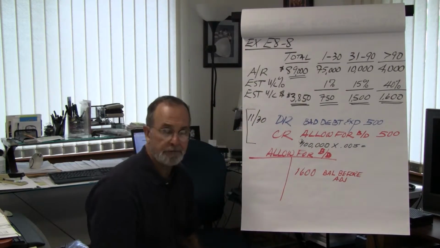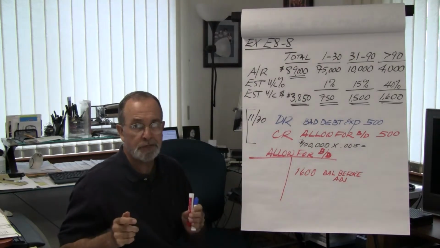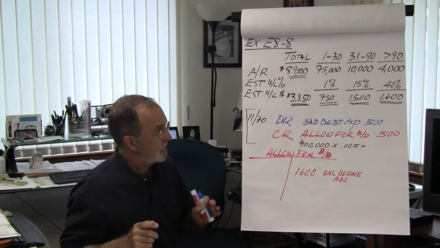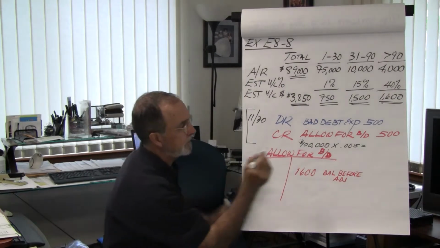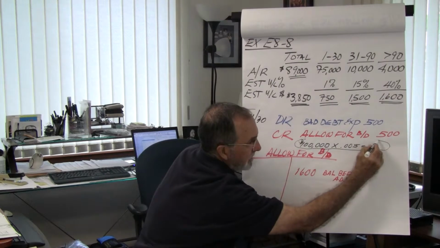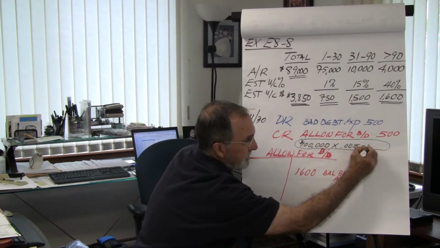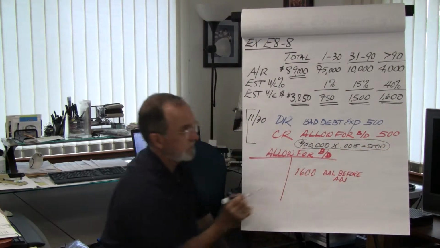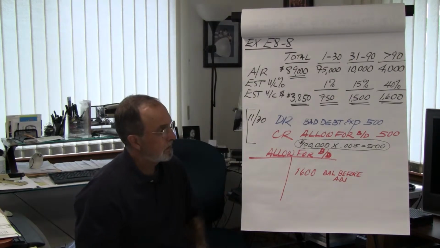And so it's very straightforward. Using the percentage of credit sales approach, we simply take our credit sales for the month and apply our percentage of estimated uncollectibles for that month.